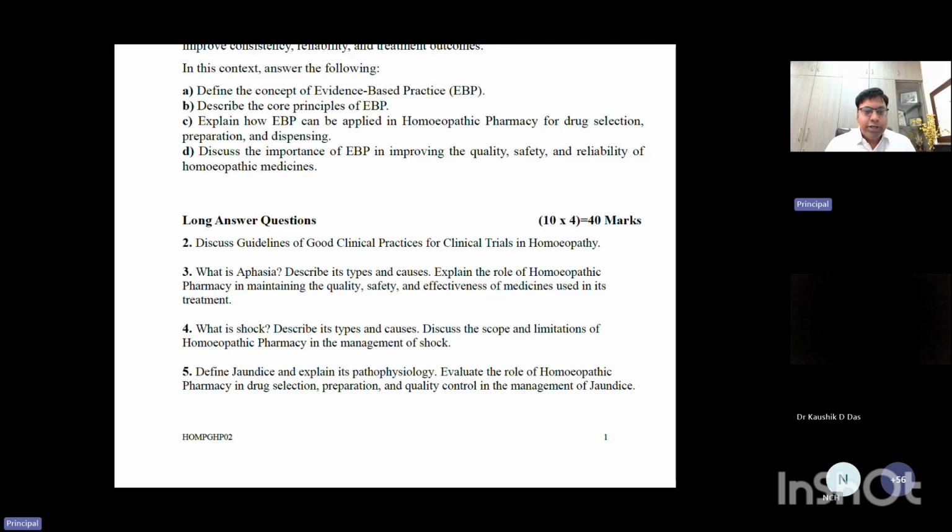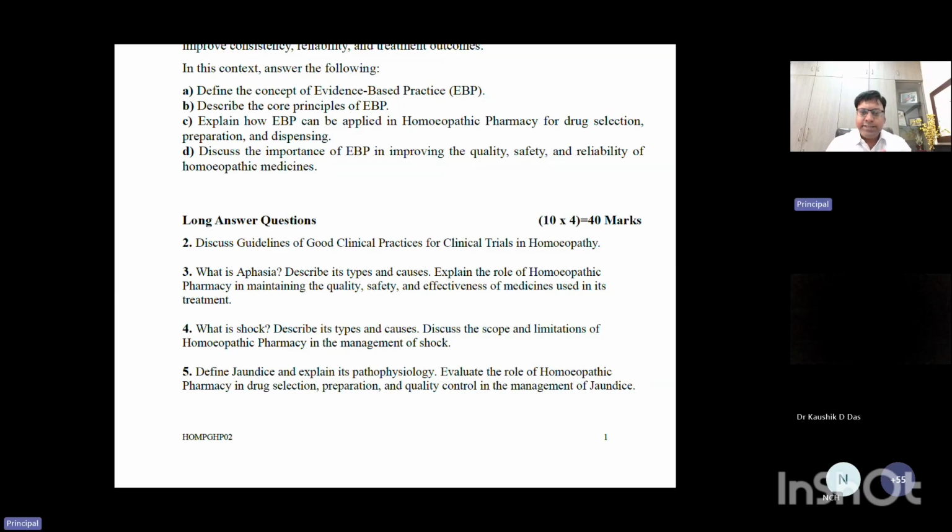in management of jaundice. So in this way, this is the correlation or the implementation of the curriculum in the question paper format. That means fundamentals of clinical medicine, which is define jaundice and explain its pathophysiology. Students should be able to learn and write here what is jaundice and what is the pathophysiology of jaundice.